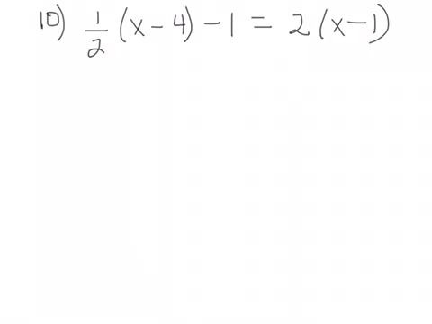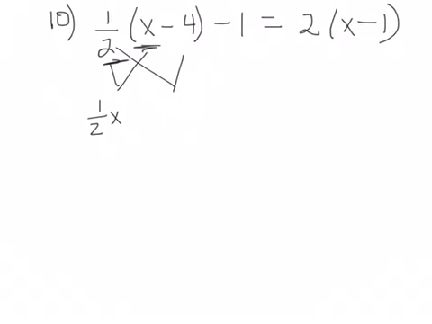We sure do. 1/2 times x gives you 1/2 x, and 1/2 times -4 is a -2, because 2 will go into -4 a -2 times.